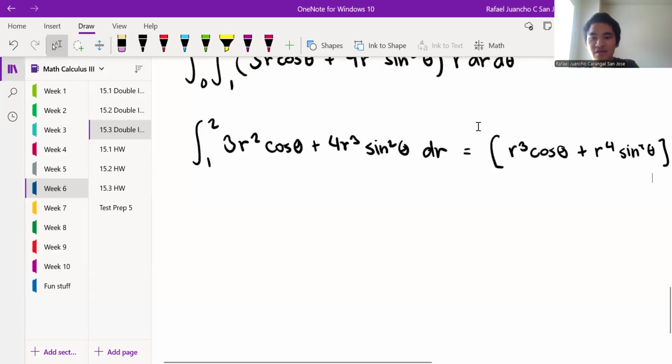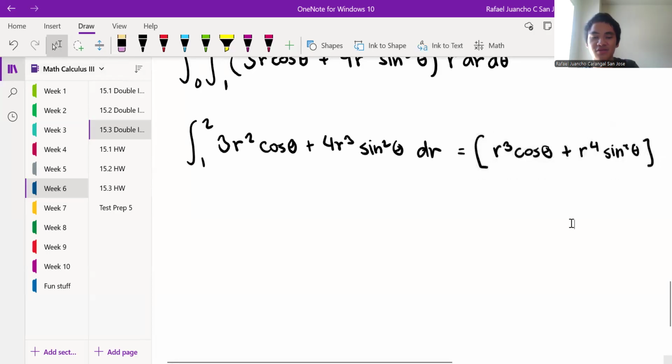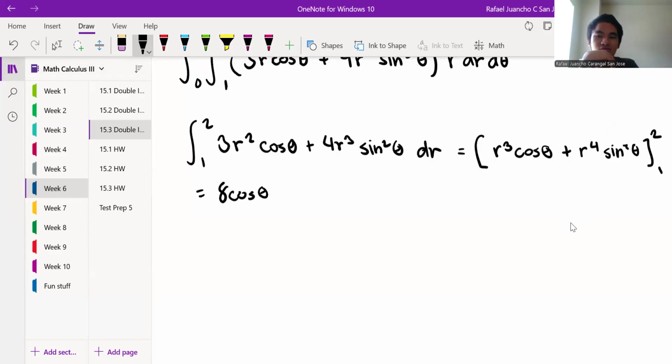Yeah. And then we basically get a number out of it. So it's kind of like just the same with the previous one, 1 and 2. Here I plug in the 2, so I get 8 cosine theta. Wait, do I plug it in the... Oh yeah, I plug it in here. Then 8 to the 4th is something. Oh my goodness. 4096. Whoops, did I mess something up? R cube, r to the 4th sine squared.